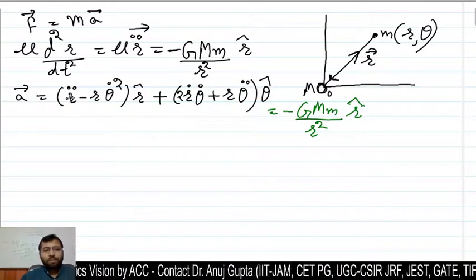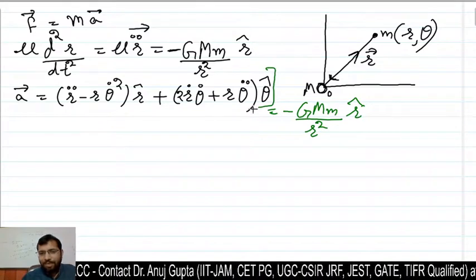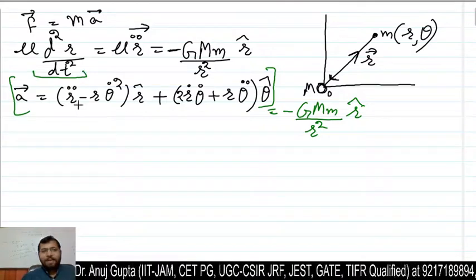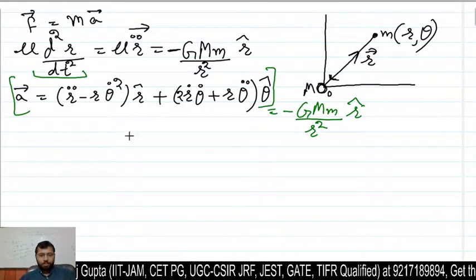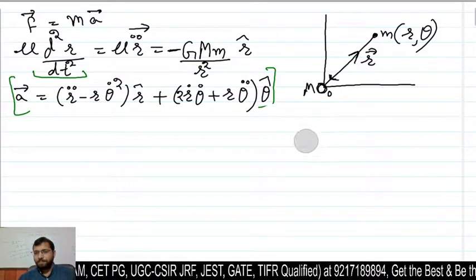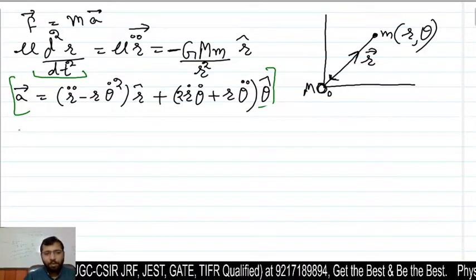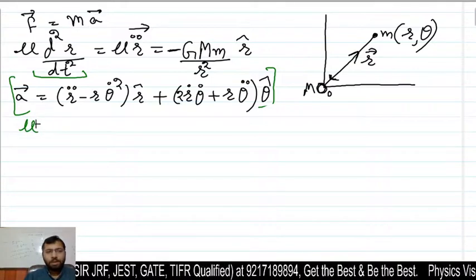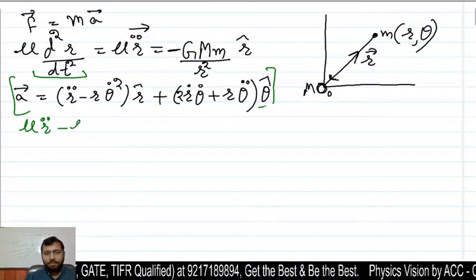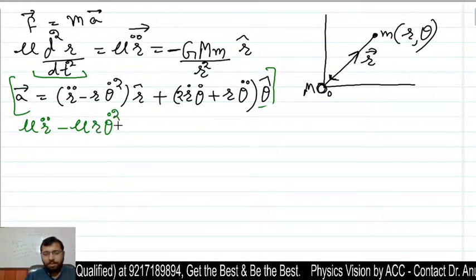Now we will put this acceleration here, so we need to multiply it with mu as well. So I will write this again. We will multiply this term with mu. We will get mu r double dot minus mu r theta dot square.